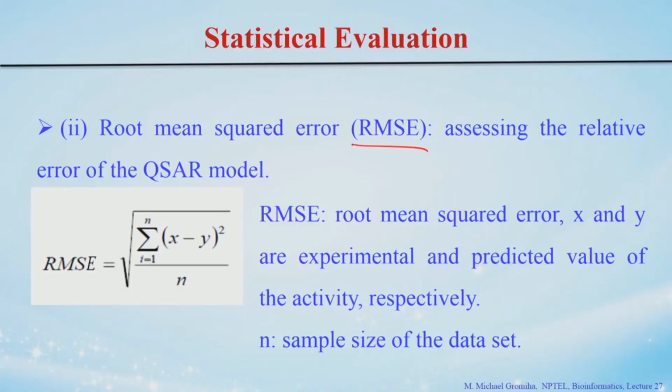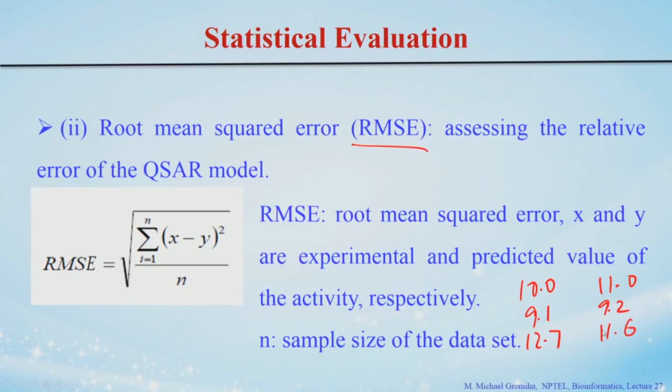How to get the root mean square error? You can see the predicted ones and experimental ones. For example, the predicted values are 10.0 and 11.0, and the experimental is 9.1 and 9.2, and if this is 12.7 and here it is 11.6.